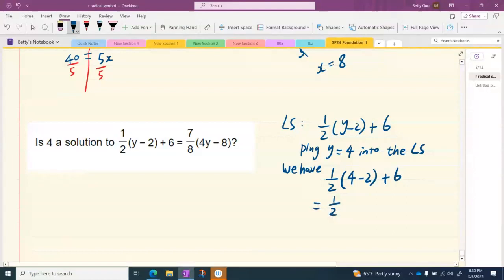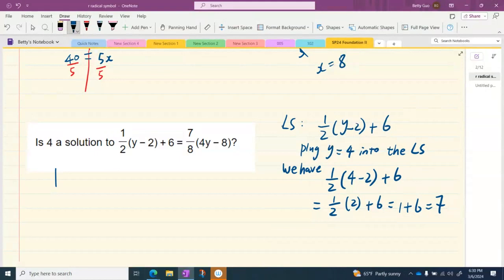Be patient. Remember PEMDAS you learned from Foundation 1? In the parentheses, 4 minus 2 is 2. 1/2 and 2 are reciprocals. Two numbers that are reciprocals of each other multiply to 1. So 1 plus 6 is 7. So the left side is 7 after we plug in y equals 4.